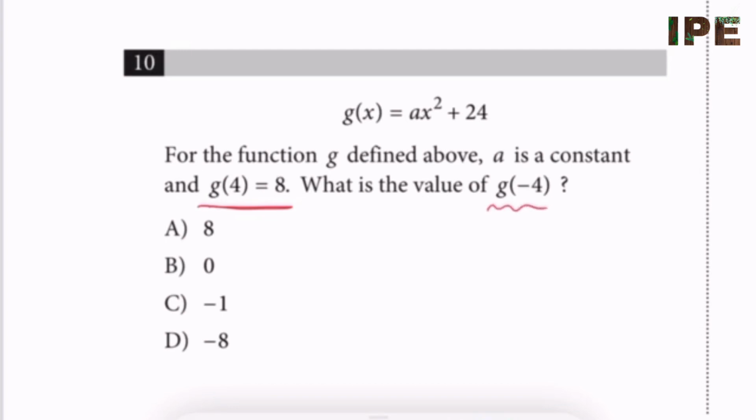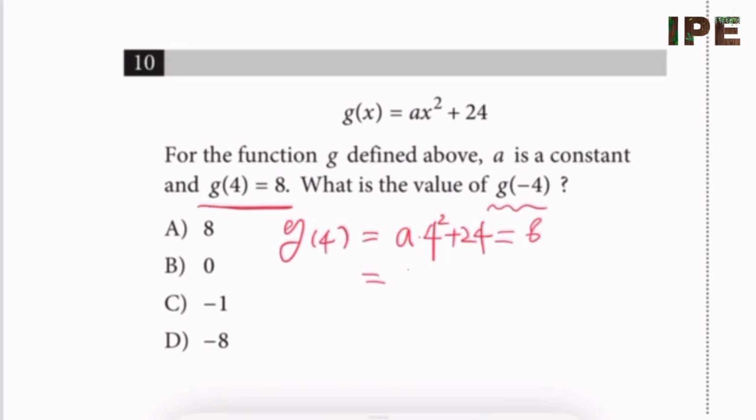G of 4 is 8. What does it mean? When x equals 4, the value of g(x) is going to be 8. In other words, if x is 4, y is 8. So plug in 4 for x first. So I'm going to find g of 4 first. a times 4 squared plus 24, and that is 8.